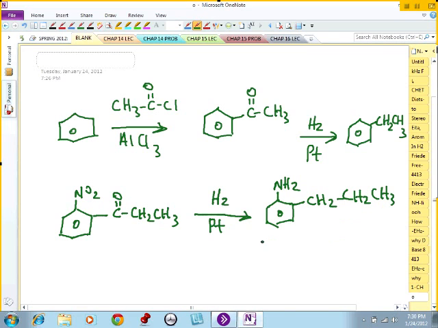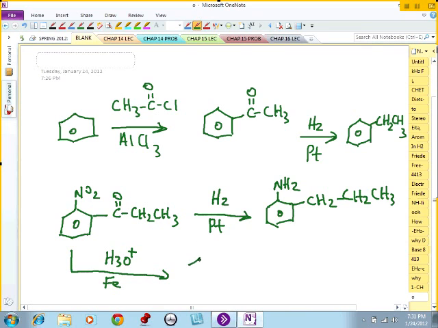However, if all I want to do is transform the nitro group, and I do not want to change the carbonyl group, then I will do this: hydronium ion or hydrogen chloride with iron, or sometimes tin can even do it.